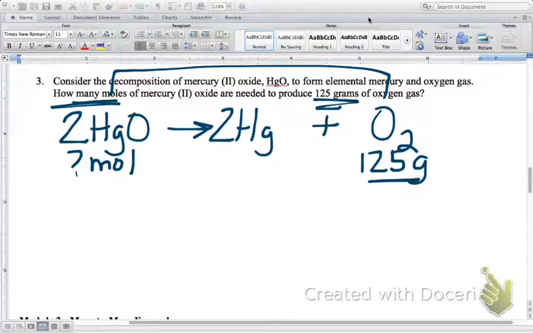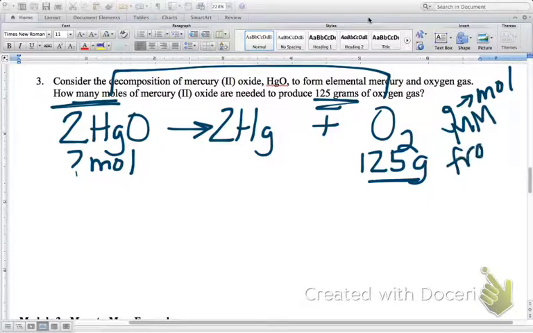So to convert grams to moles, we need to use what? Just like converting moles to grams, what do we use to convert between grams and moles? We need molar mass from the periodic table. But this time, I'm converting from grams to moles instead of from moles to grams. When I was converting from moles to grams, I multiplied by molar mass. What am I going to do if I'm trying to go from grams to moles? Divide by molar mass. That's exactly right.